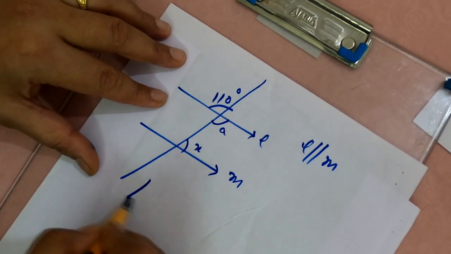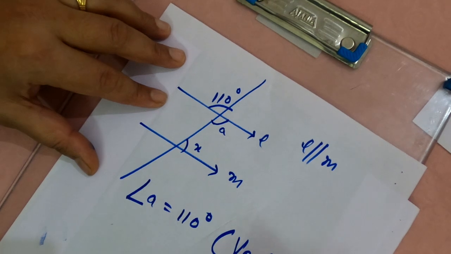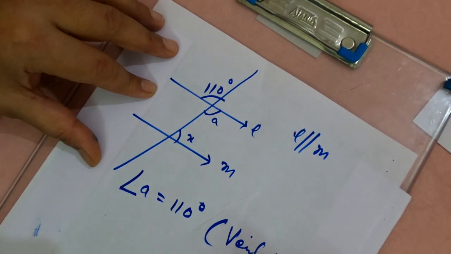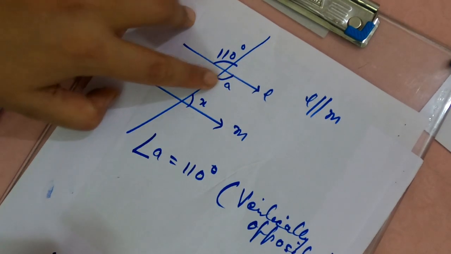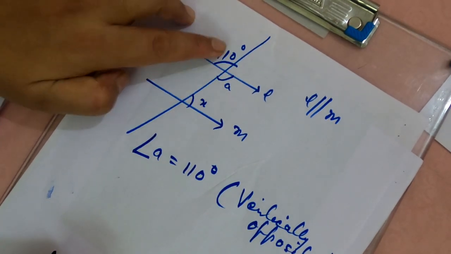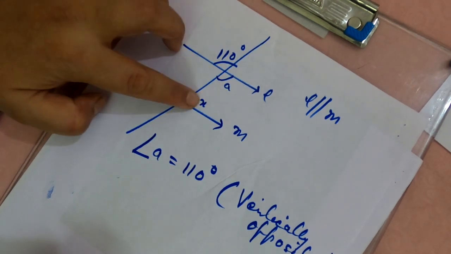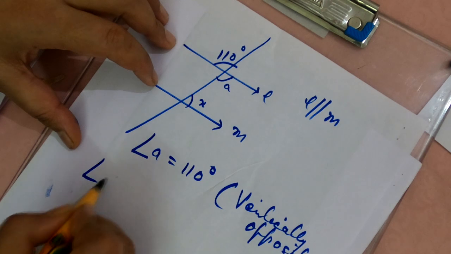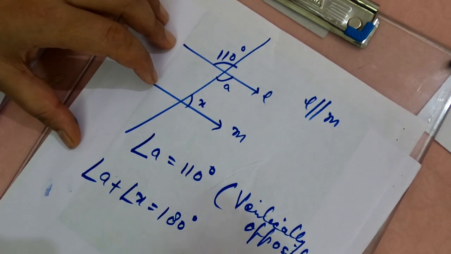Right? So now we can say angle A is equal to 110 because they are vertically opposite to each other. Clear? Now A and X are related to each other. Directly 110 was not related to X, but A is connected to X. So now angle A plus angle X is equal to 180 degrees. Why are they 180 degrees?